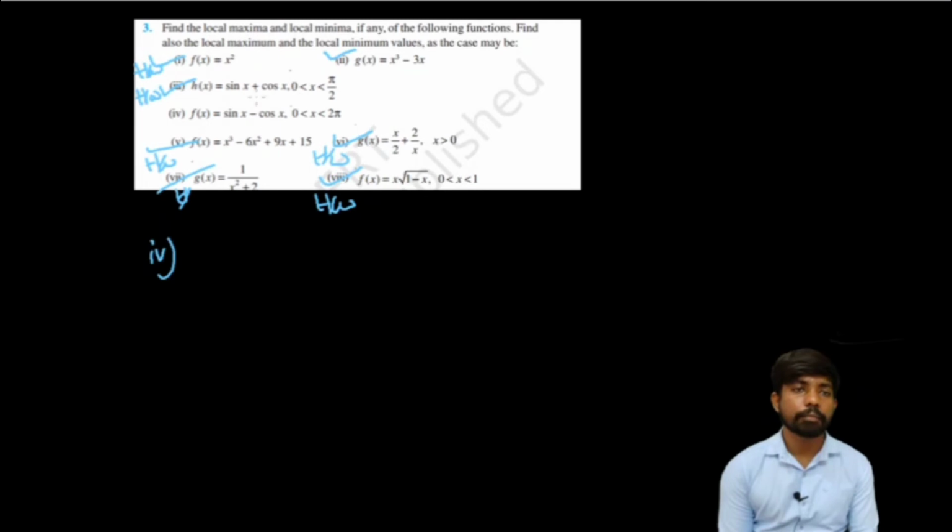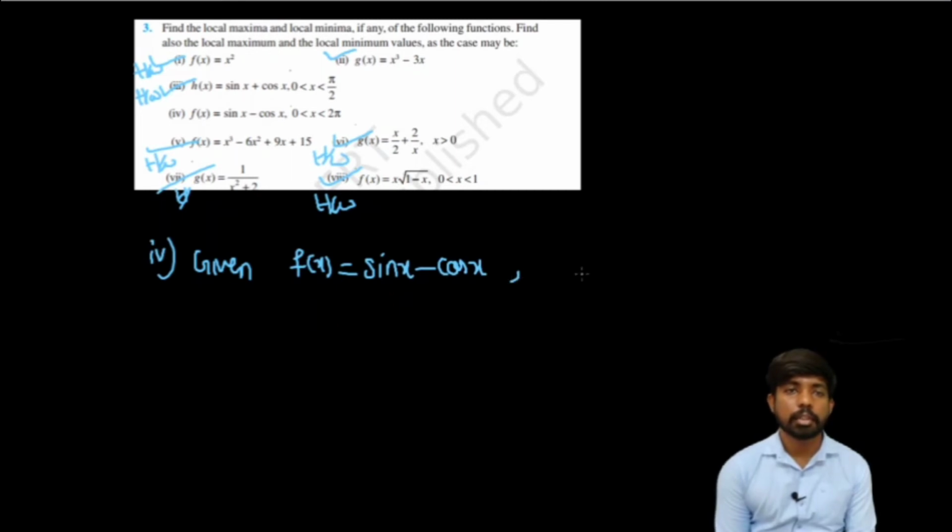Given function f of x is equal to sin x minus cos x, where x lies from 0 to 2 pi. First, differentiate with respect to x.